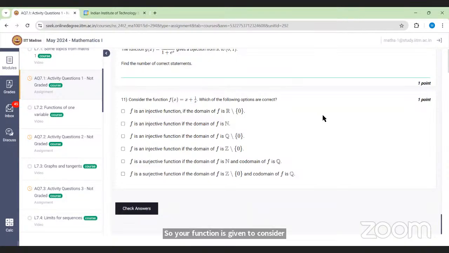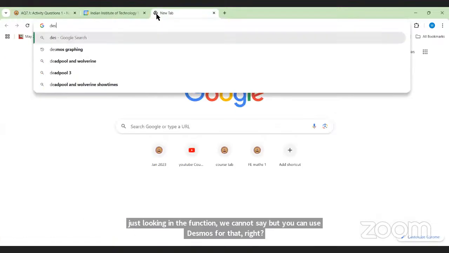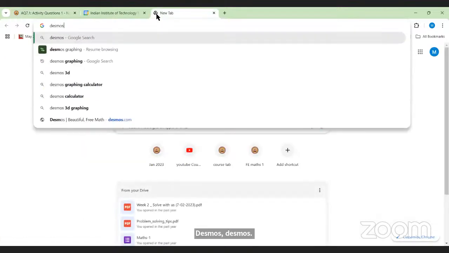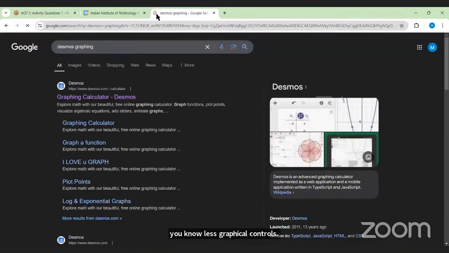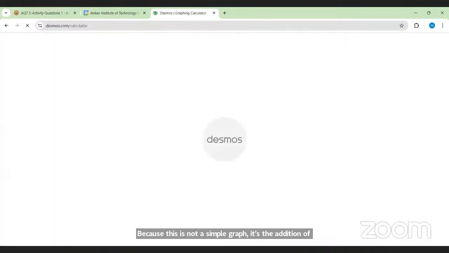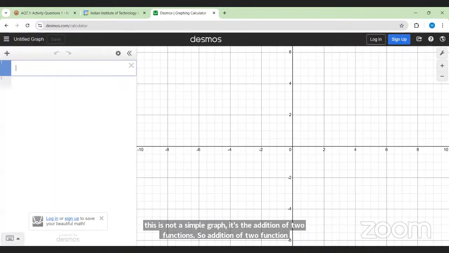How will the graph look like for x plus 1 by x? Actually, by just looking at the function, we cannot say, but you can use Desmos for that, right? Desmos graphical calculus. This is not a simple graph, it's the addition of two functions, so this graph can look very strange.